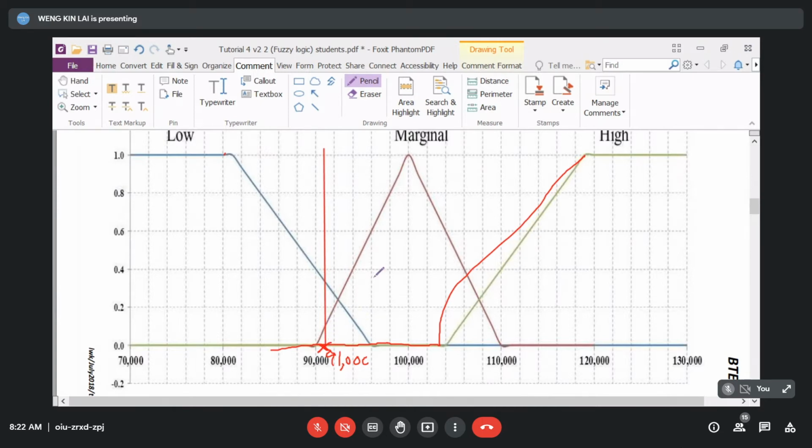So now for the first rule, if X is marginal, if X is 91,000, we try to find out what is the intersection point for when X is marginal. So we can maybe draw it here, and then move it down. Right, so this is my intersection point for marginal. So what is the answer here?